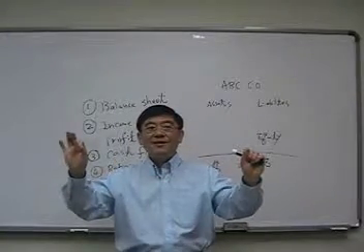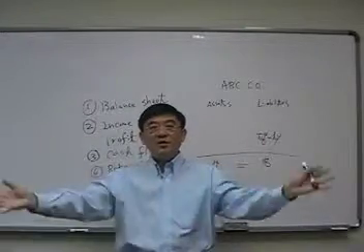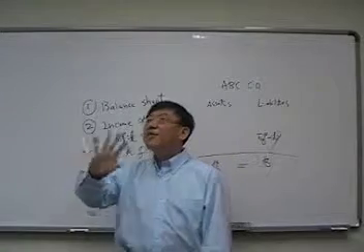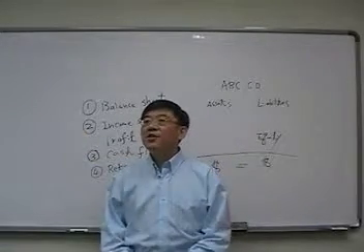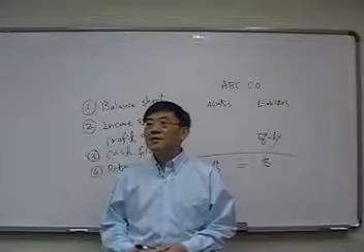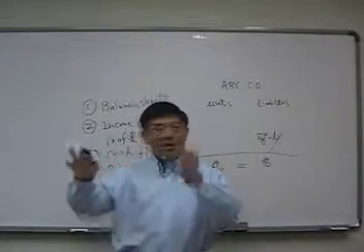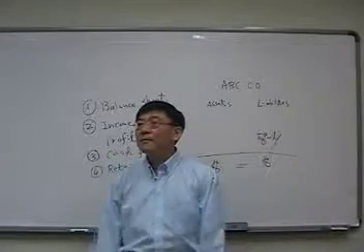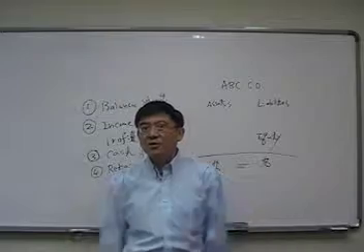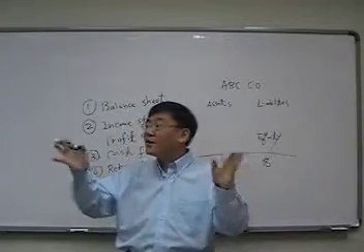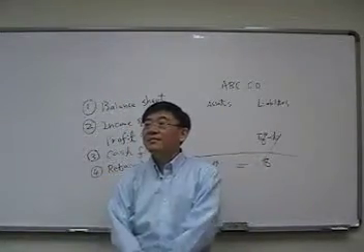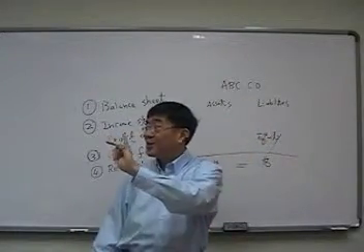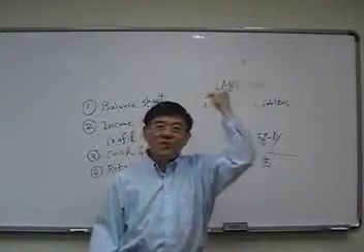ABC company just sold 1,000 value merchandise to XYZ with 30 days payment. Assuming you never learned accounting, this short message tells you how many accounts are affected? How many accounts? So total 5 accounts, right? Assets, liability, equity, revenue, expenses.